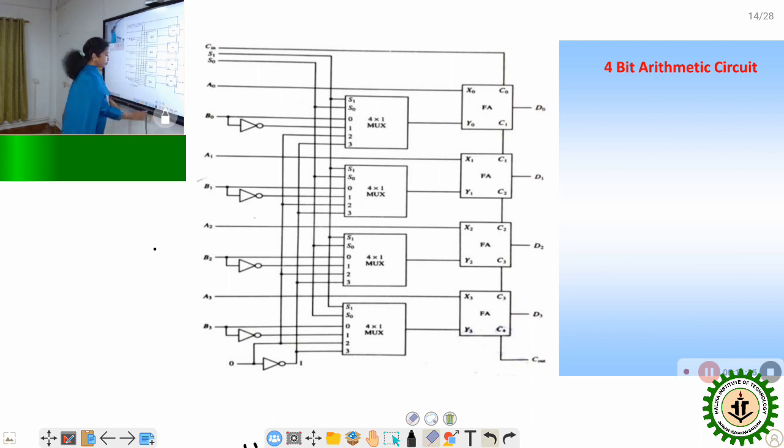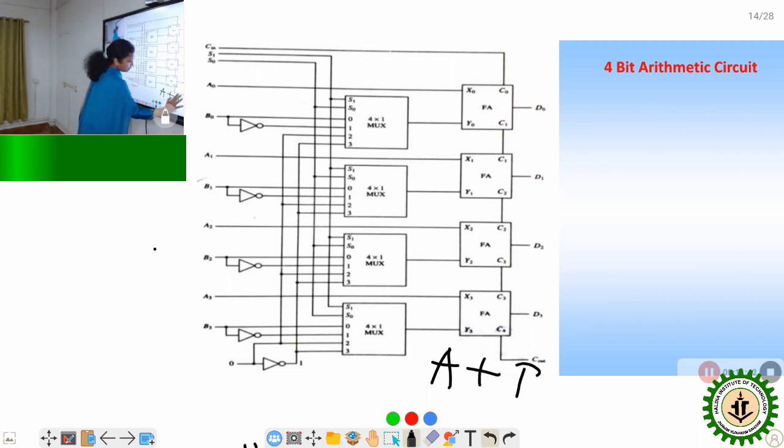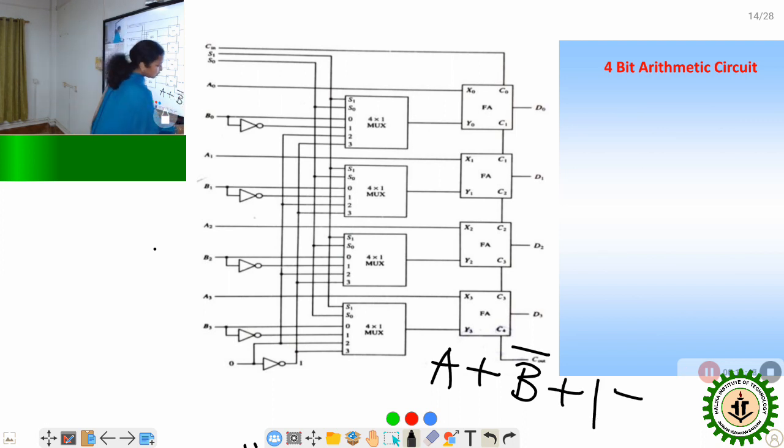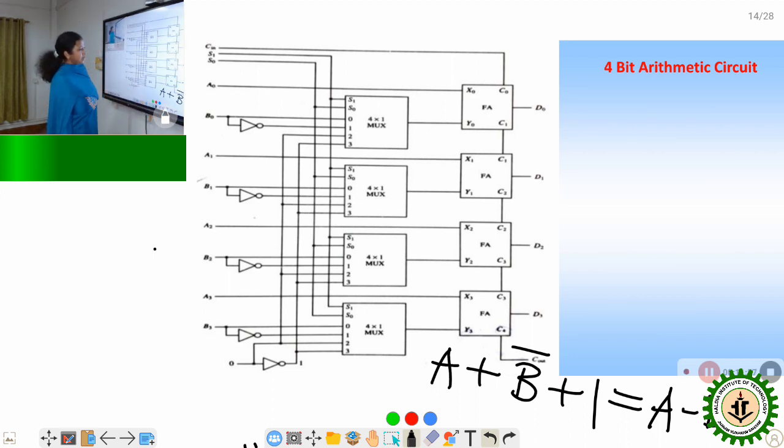Now A plus B complement plus 1 is nothing but A minus B. That operation will be possible here.